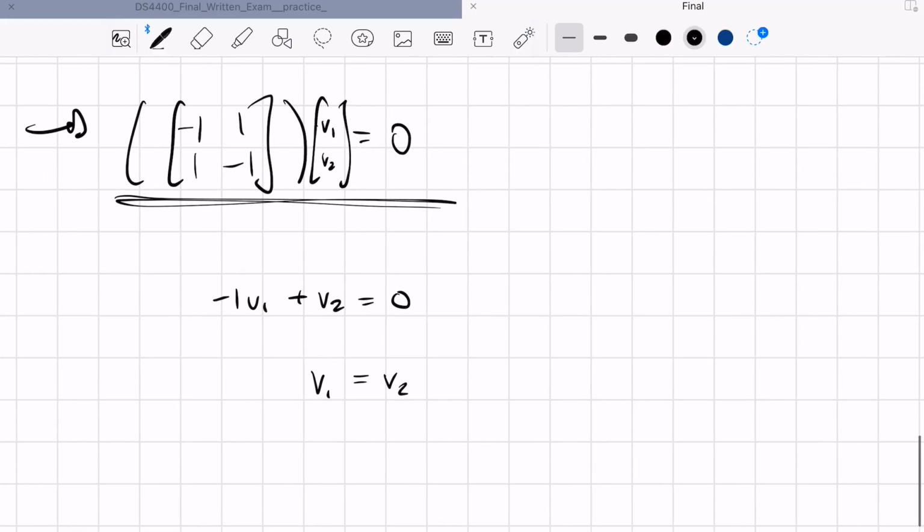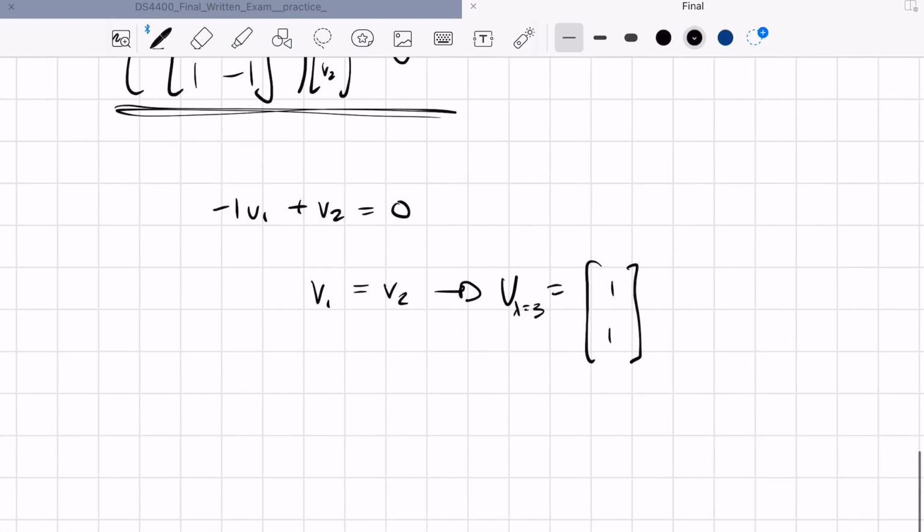With this in mind, we know that the eigenvector v associated with lambda equal to 3 is simply [1, 1]. The final step is we just need to normalize it.